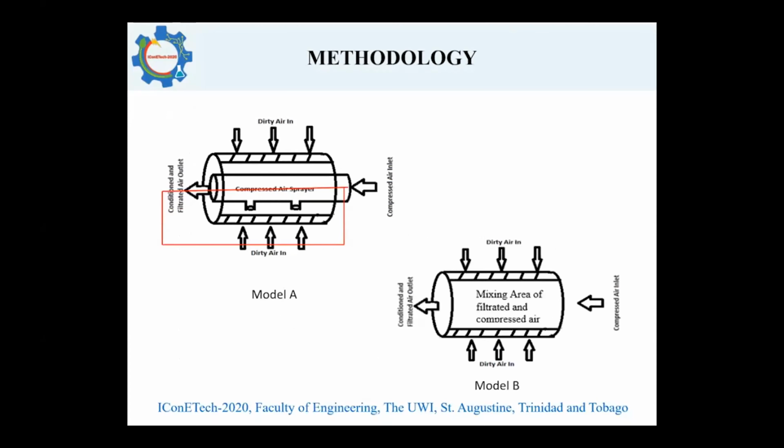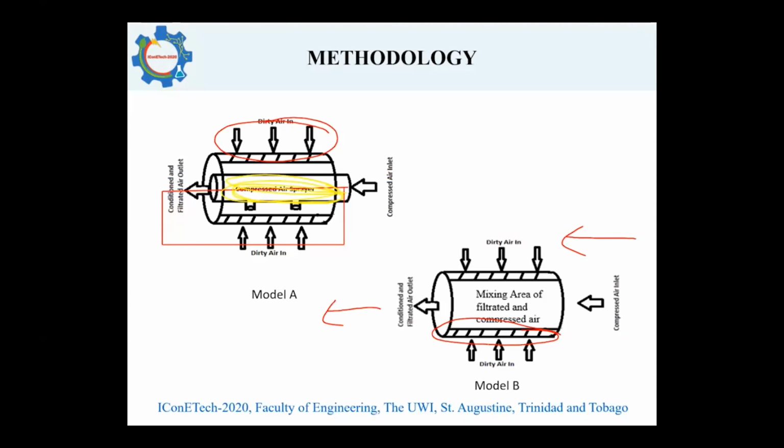As you can see in the figure here, this region indicates the dirty air that is entering the system, and this shaded portion is the filtration capacity. There is air that is flowing through the system here. It's the entrance, this is the exit, and the only difference between the two models is that this unit has another compressed air spray unit.